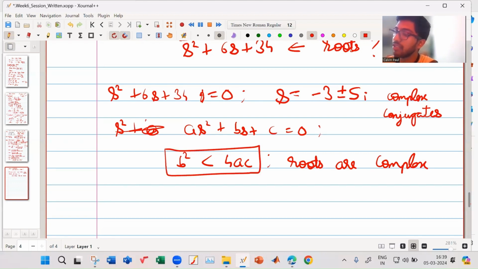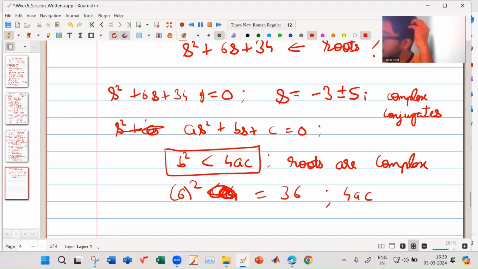In our case, b is 6, so 6 square is 36. And what is 4 into ac? 4 into 1, 4 into 34, that is 136. So we have 36 is less than 136. That is why we know our roots are complex conjugates.